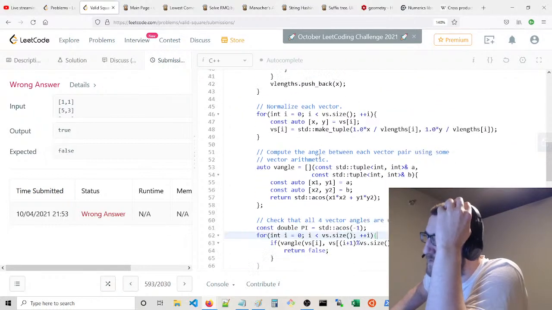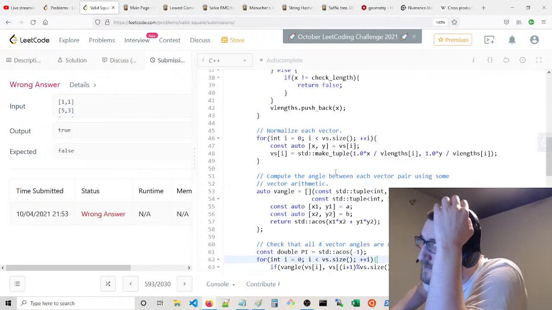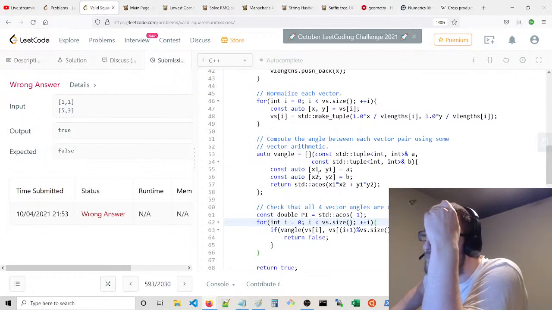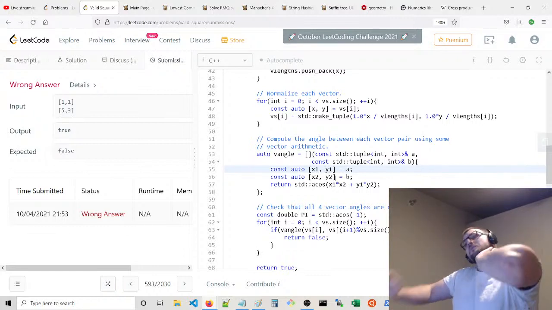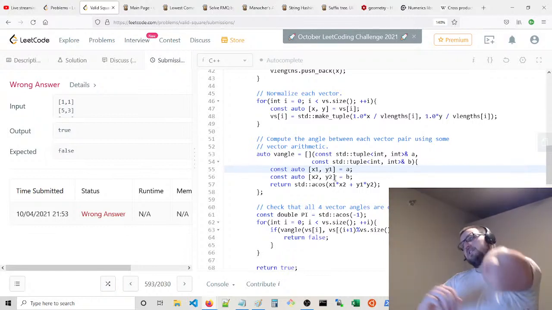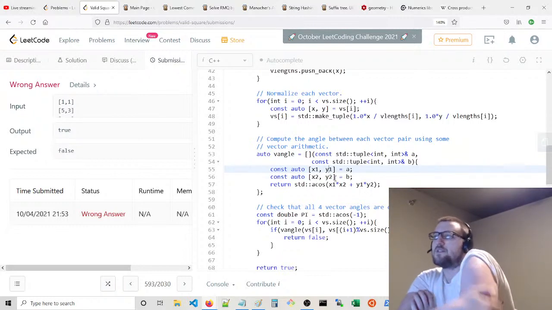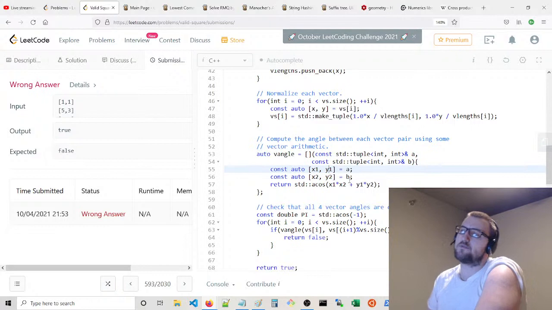These must be wrong, these V angles. x1, y1 plus x2, y2, or y1. I think I did this wrong. I think it's x1, y1, x2, y2.